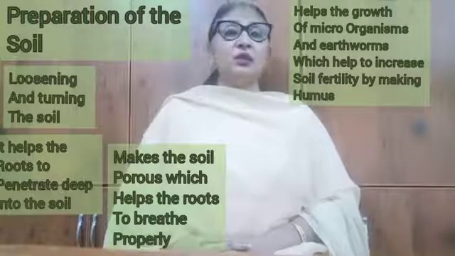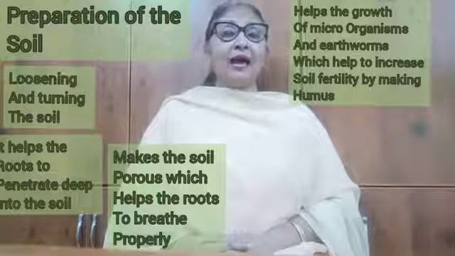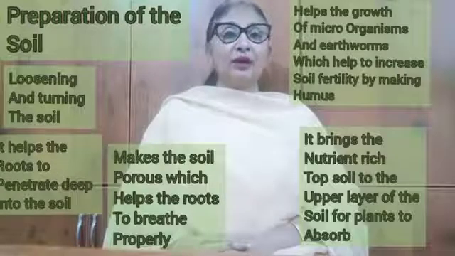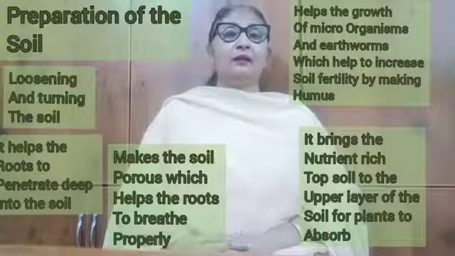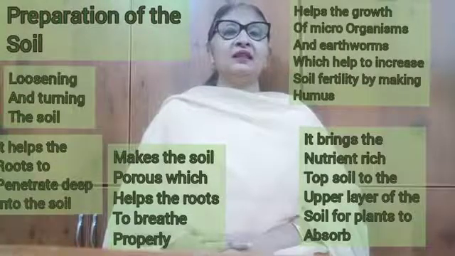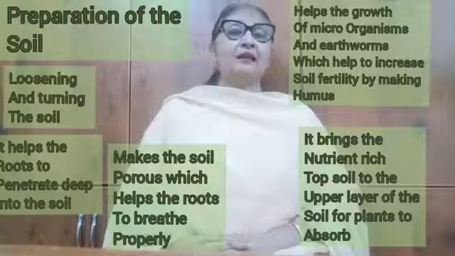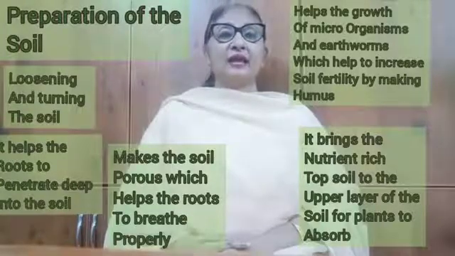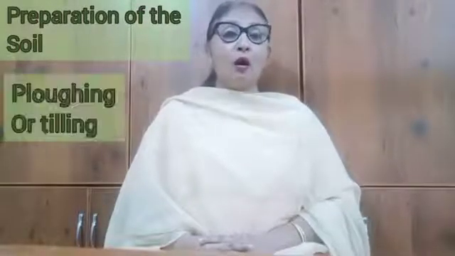Now turning and loosening also helps to bring the nutrient-rich topsoil to the upper part of the soil, thus the roots can easily absorb the nutrients. Turning and loosening is also known as plowing or tilling.